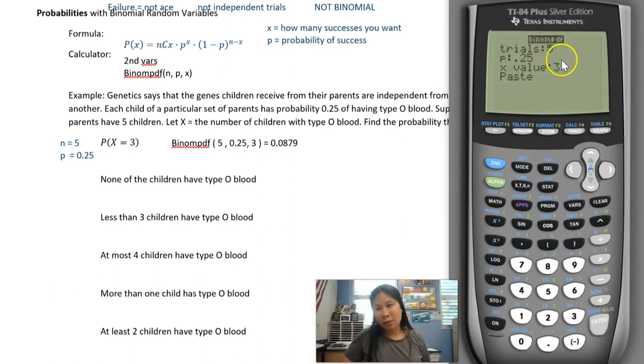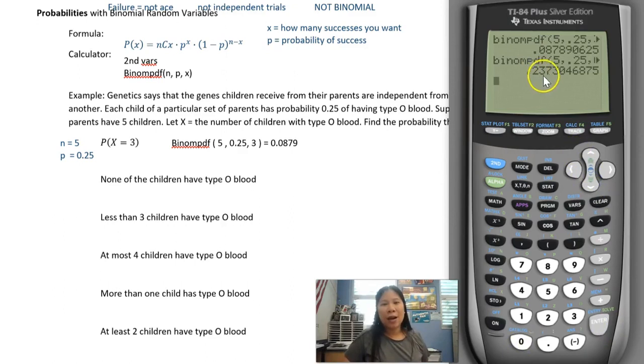So sometimes your calculator saves your numbers, it's kind of nice. We have 5 as our trials, 0.25 as your probability of success, but this time our X value is 0. Paste, enter. So now the probability of having none of the children have type O blood is like 23.73%.